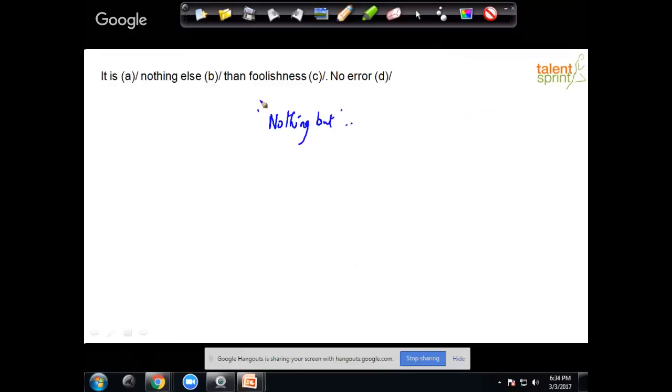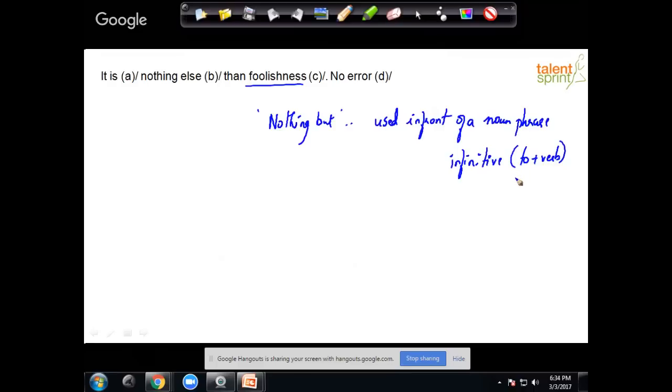In this context, it's a noun, right? Foolishness. So it's used in front of a noun phrase or even an infinitive. We know what an infinitive is, right? To plus verb. But it is used without the to.